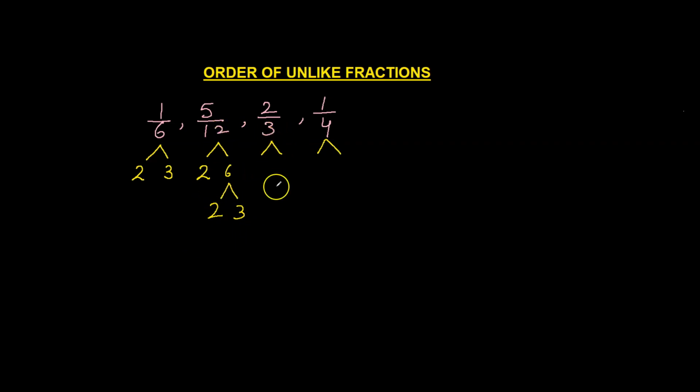For 3, the prime factor is just 3 itself. And for 4, it would be 2 and 2. Just make sure whenever you are writing the prime factors, write all the similar factors below each other so that it is easier for us to find the least common multiple or to group them.